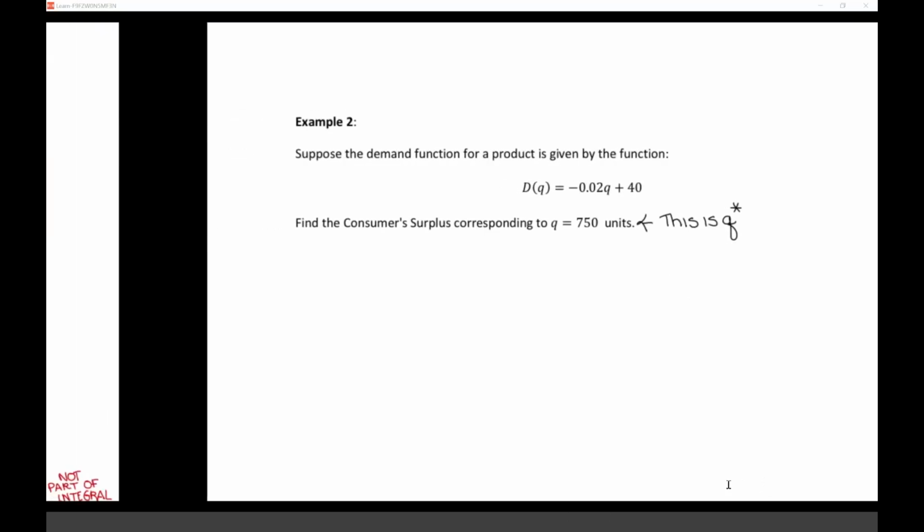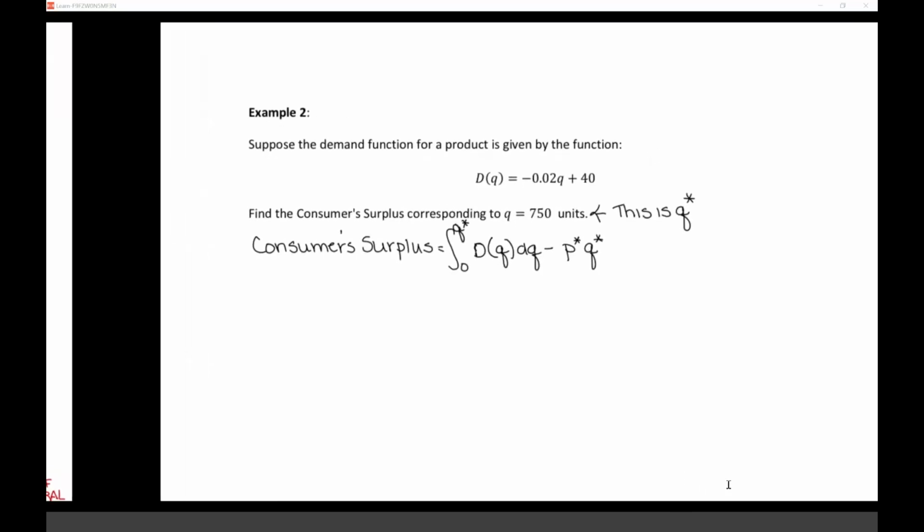Here's the consumer surplus formula. Okay, there's your consumer's surplus formula. What do you need in order to make this go? Do you have everything you need?